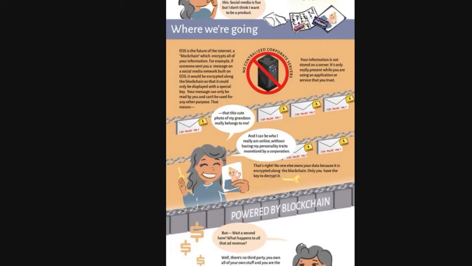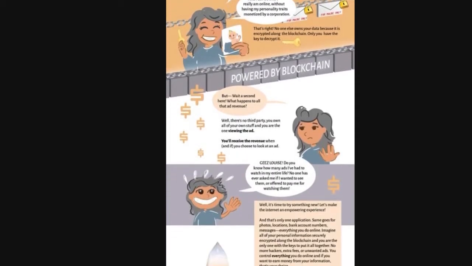Your message can only be read by you and it can't be used for any other purpose. That means your information is not stored on a server, it's only present while you are using an application or service that you trust. And no one else can use your data because it is encrypted along the blockchain and only you have the key to decrypt it. So if you want to give it away, you can, but it is pretty much all private, and it's up to you to hold it.